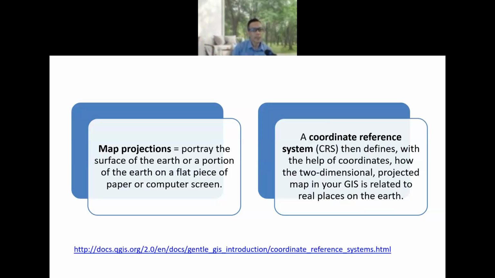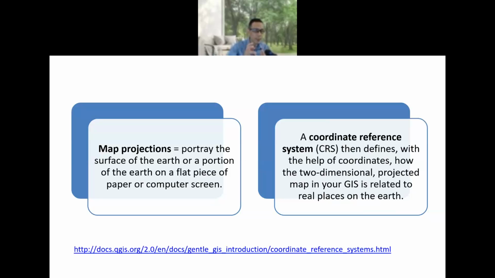So they are different. If Dr. Tiong says he wants to make his own projection, yes you can. You can make your own map projection and have your own coordinate reference system. So when you analyze your data, you always use a projection. It means that you don't analyze data using the, what is it?